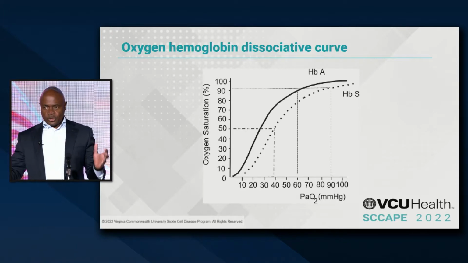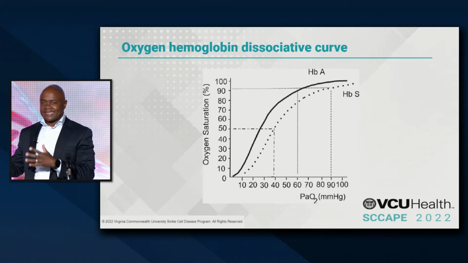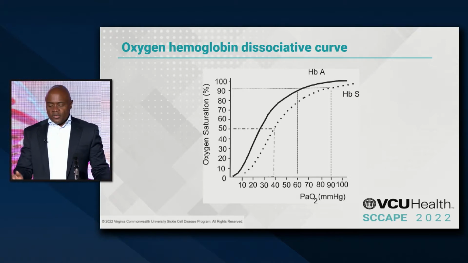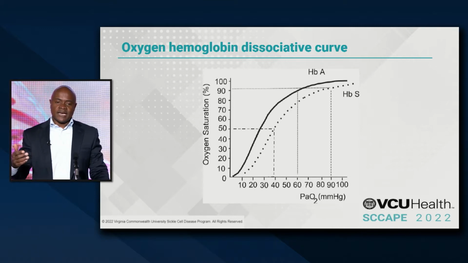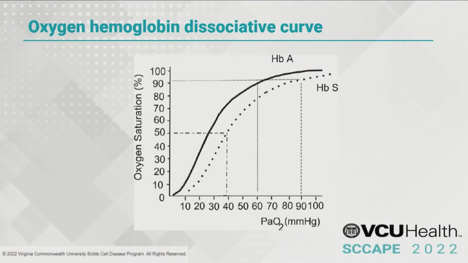So why is that a big issue? Why is it that if the sickle hemoglobin does the exact same thing, it carries oxygen, why does it lead to a problem? The best way to think about this is what we used to learn in medical school, the classic oxygen hemoglobin dissociation curve. What this curve tells us, it explains to us the oxygen capacity or the ability of someone's hemoglobin, someone's red cells, to carry oxygen.